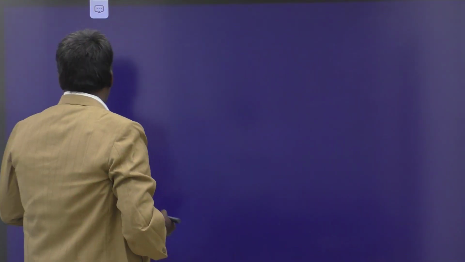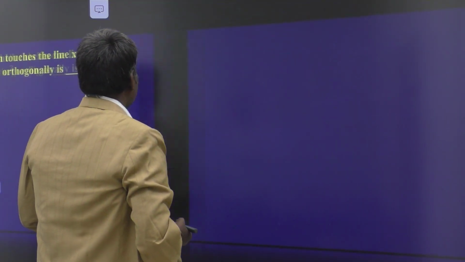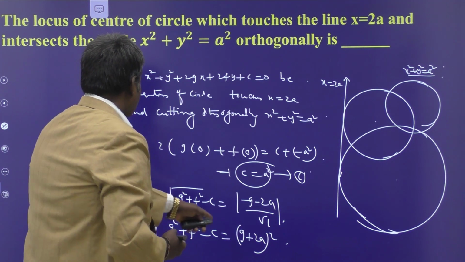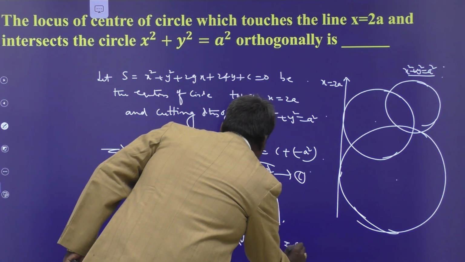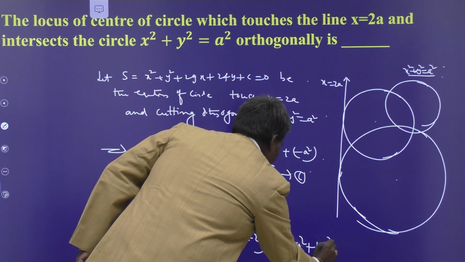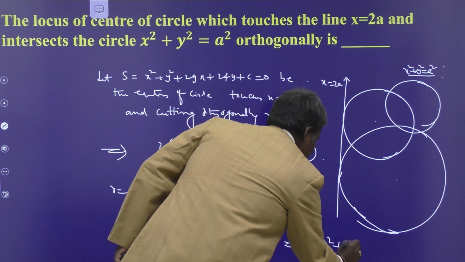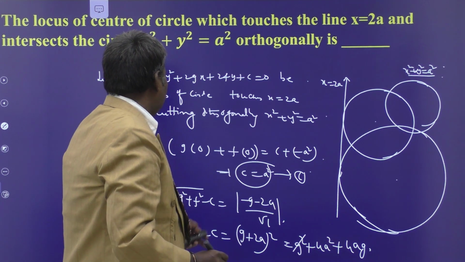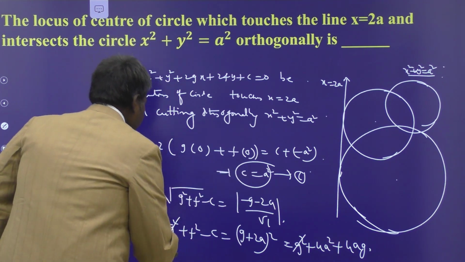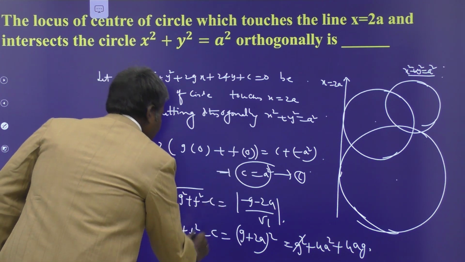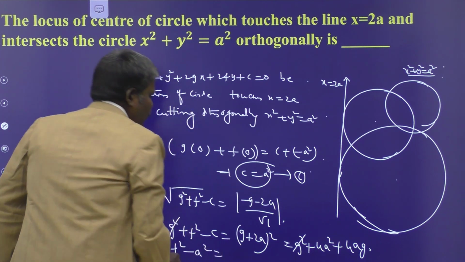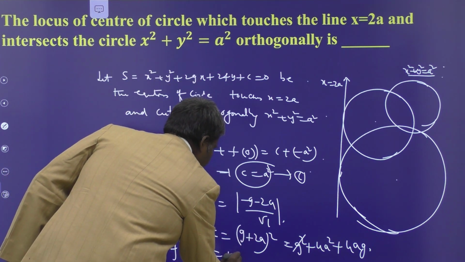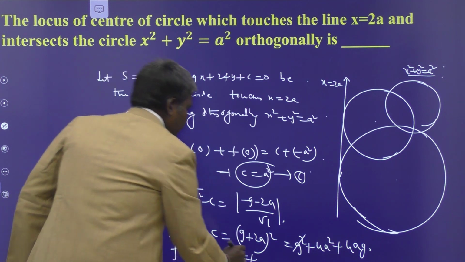This is nothing but g square plus 4a square plus 4ag. Now g square gets cancelled. I am replacing c by a square here. f square minus a square is equal to 4a square plus 4ag.